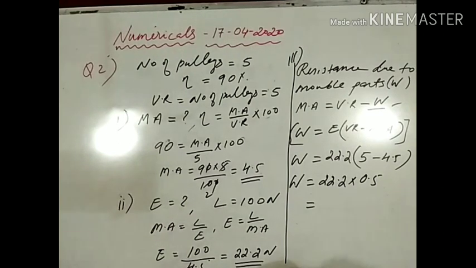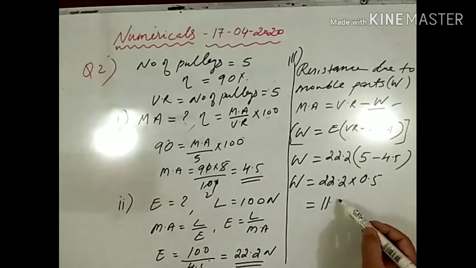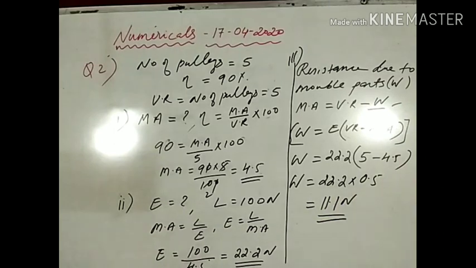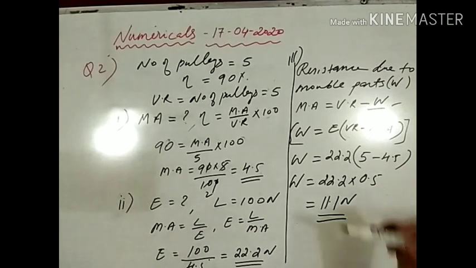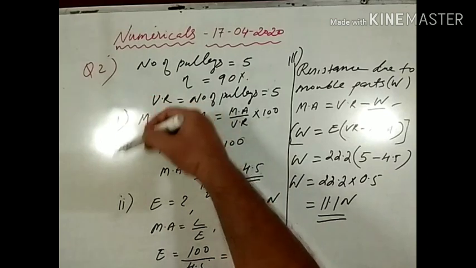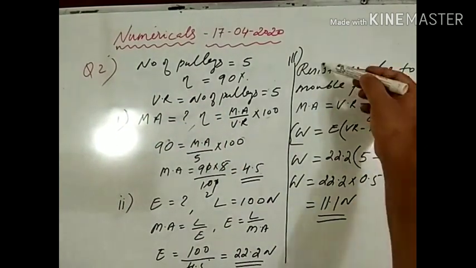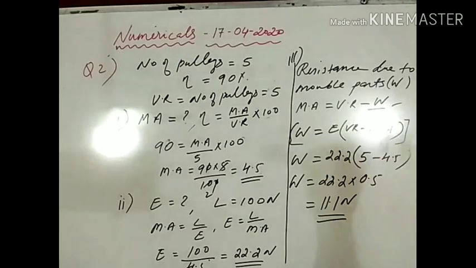Multiply and see the value. We are getting it as 11.1 Newton. 22.2 into 0.5. So, the first part and second part were a bit easy, but the third part was a bit confusing. I hope all of you understood. All right.